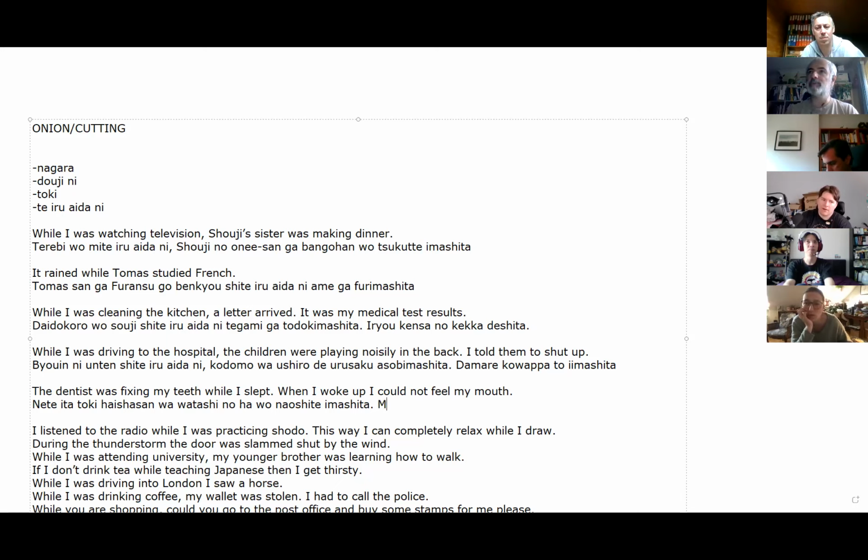Usually for waking up is normally me o samasu or sameru, which means for your eyes to open at that moment. But if you use okimasu, it's pretty clear that it's not like you woke up and then laid on the chair reading a book for a few hours like I tend to do in the morning. It means I woke up and I got up. So okimasu is fine.